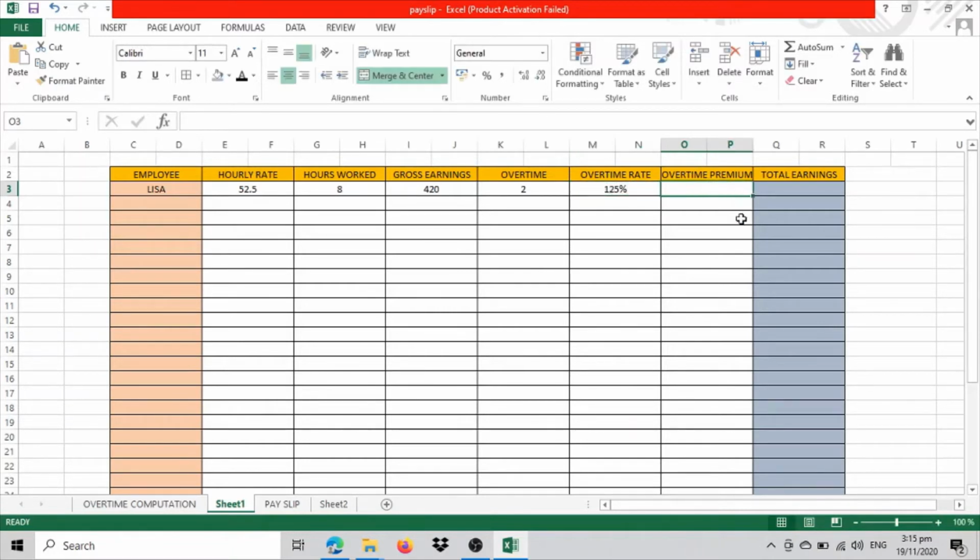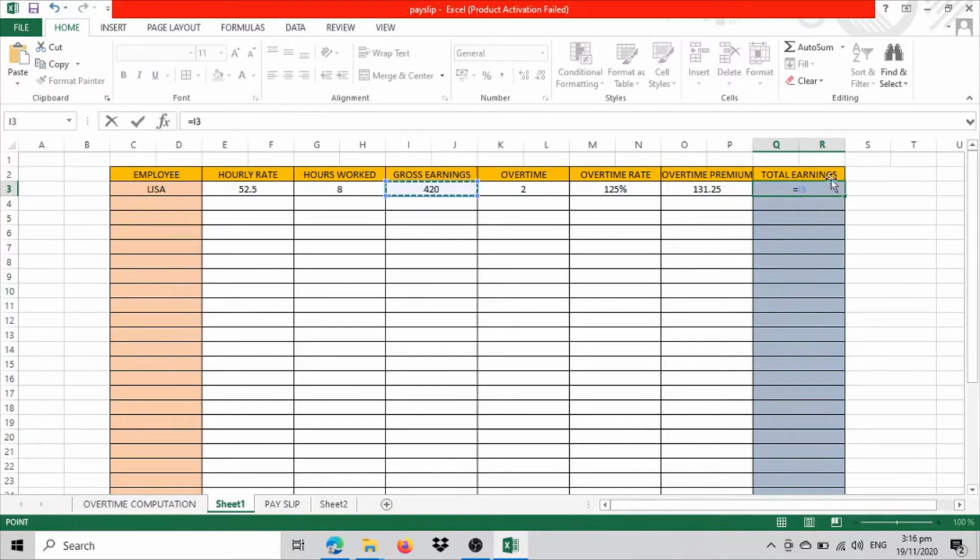To get the overtime premium, simply write equals multiplied by the hourly rate, select the cell, multiply 2 hours multiplied by the overtime rate. And then click enter. For the total earnings, simply add the gross earnings and the overtime premium.